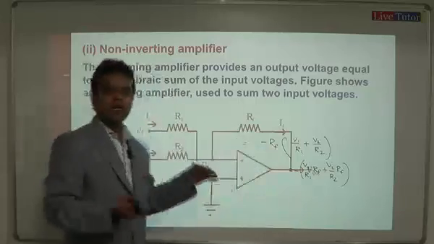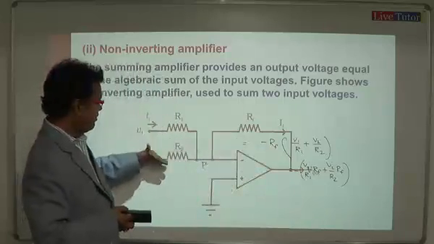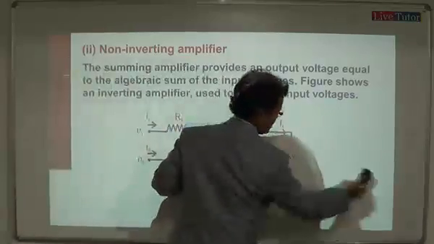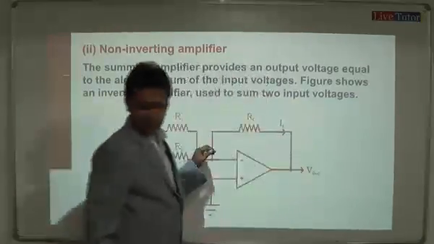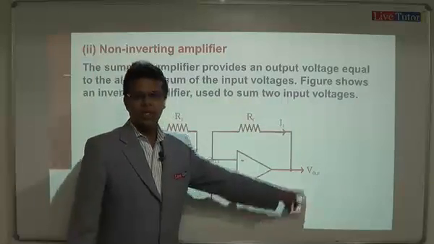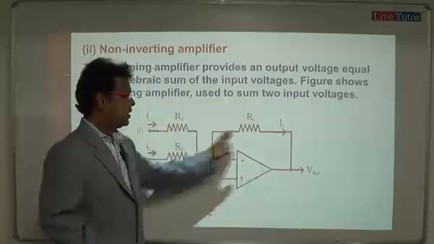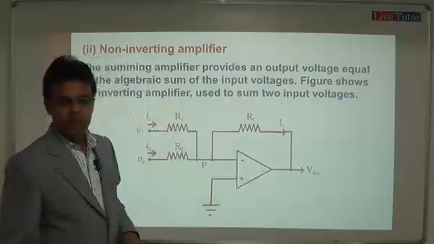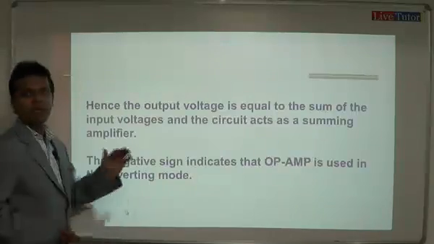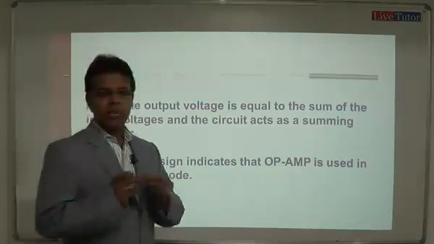What are the inputs we are giving? இப்ப ரெண்டுமே 1 1 கொடுத்தா output -2 அப்படின்னு வரும், because minus of V1 plus V2. அதே மாதிரி ரெண்டு half கொடுத்தா you'll get -1. Only thing is you have to ensure that all the resistors are same. So this is how this amplifier is used as a summing amplifier.